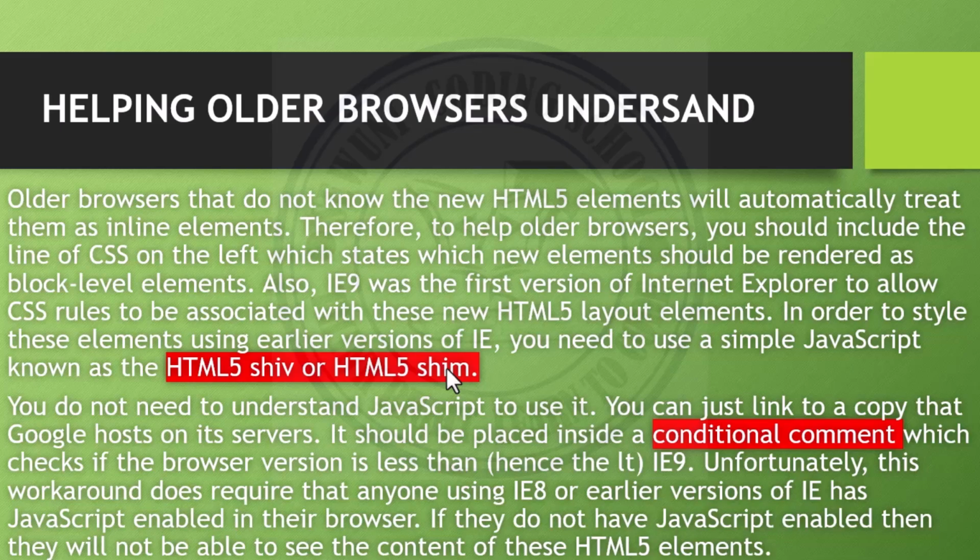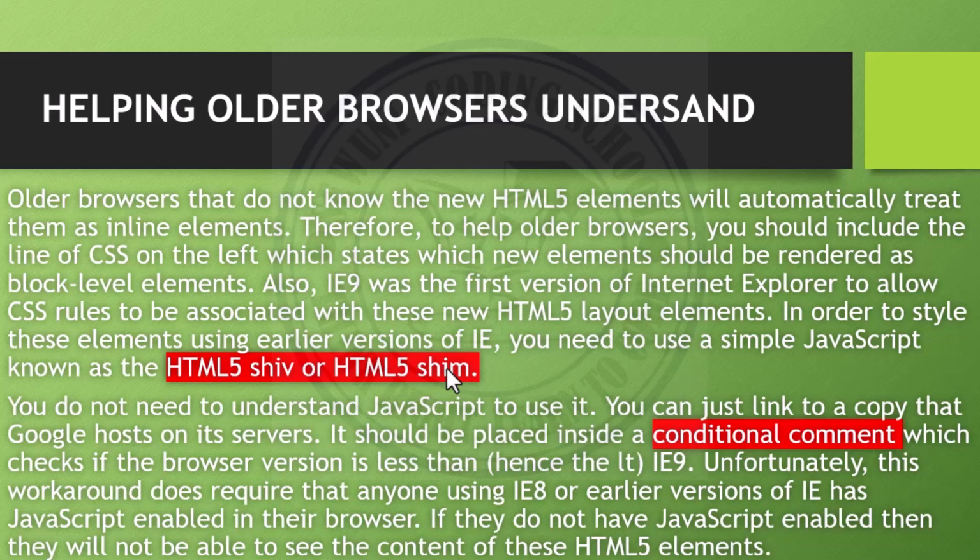Therefore, some of the things we do must include a line of CSS that is going to tell old browsers that this should be rendered as a block level element and not as an inline element.